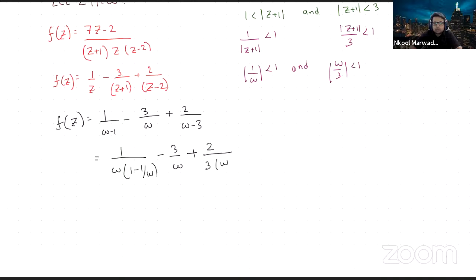Now I want to make it in the form of 1 minus omega by 3, so minus I will take outside. Then it will become 1 by omega, 1 minus 1 by omega, minus 3 by omega, minus 2 by 3, 1 minus omega by 3.